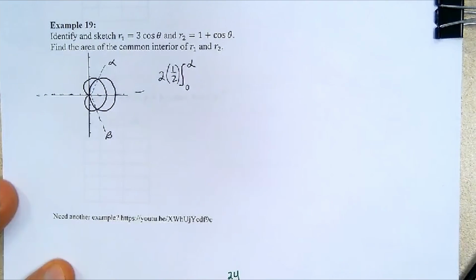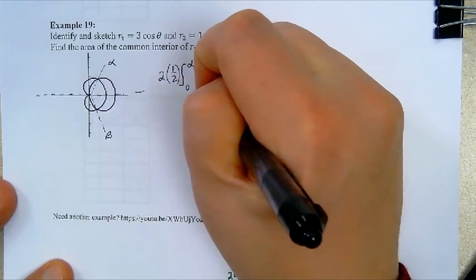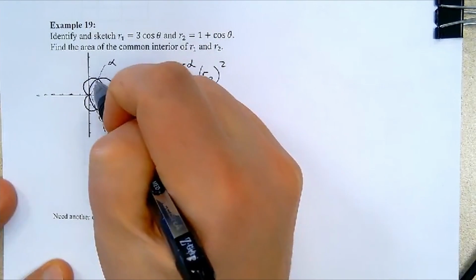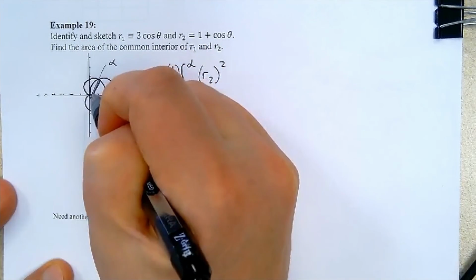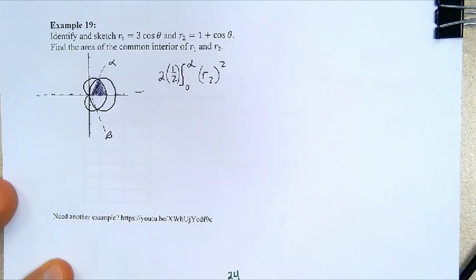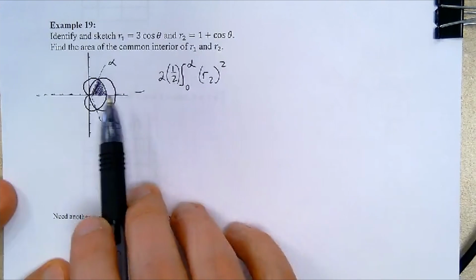If I do r2 as my radius, what that is doing is it's grabbing that space there and then doubling it. So 1/2 of r2 squared is the triangular wedge.